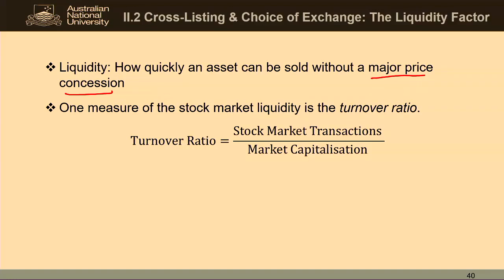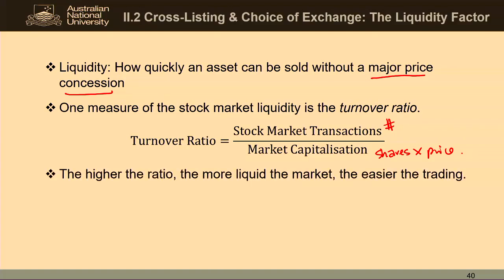So that's the number of transactions. This is shares outstanding multiplied by the price of the shares. So the higher the ratio, the more liquid the market is, the easier the trading, and the less price concession you have to give up if you have to quickly trade the stock.